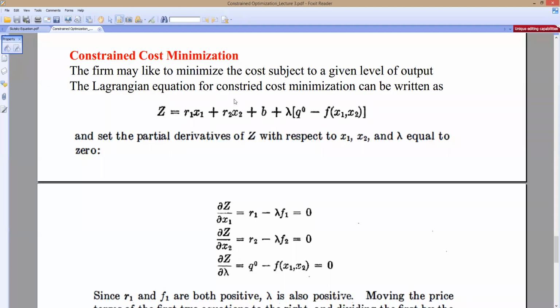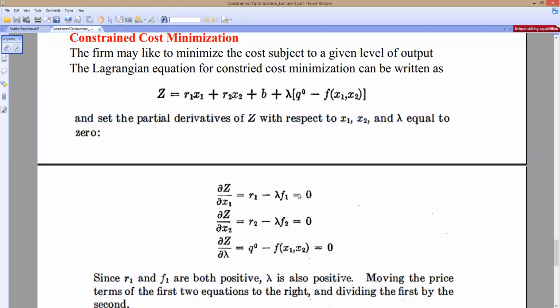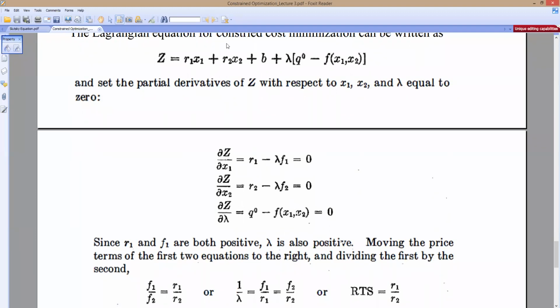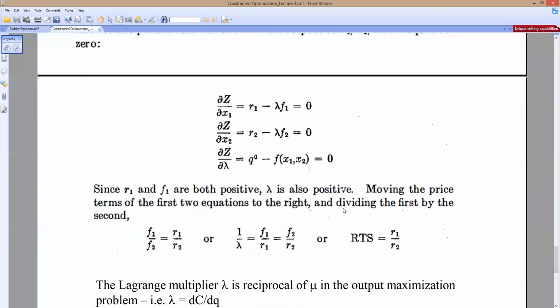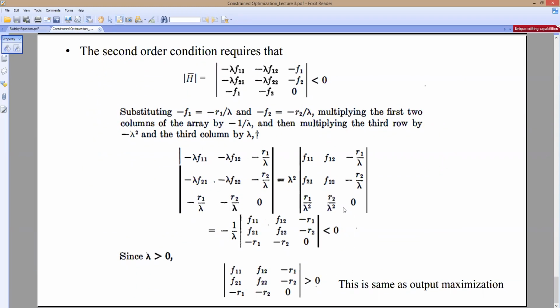The entire thing will be the variable cost, so it will be r1 x1 star plus r2 x2 star. That will be the long run cost. But if it is the short run context, you will get some fixed cost out of that, so the equation will be a bit different. That part we need to understand.